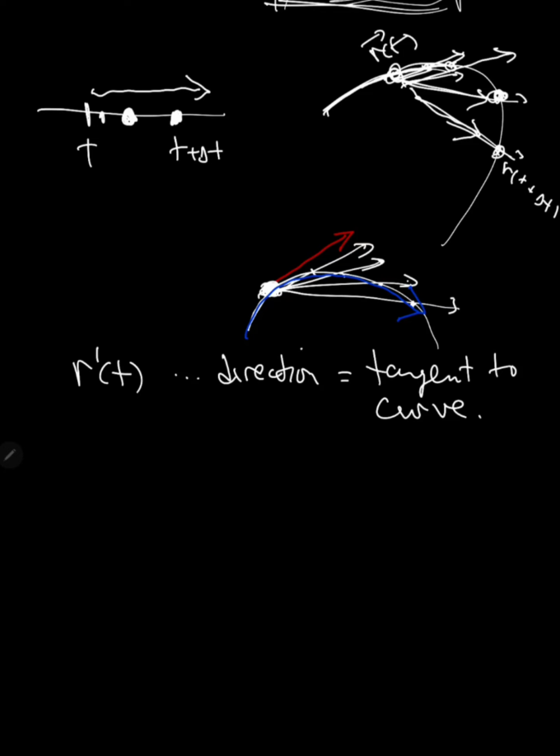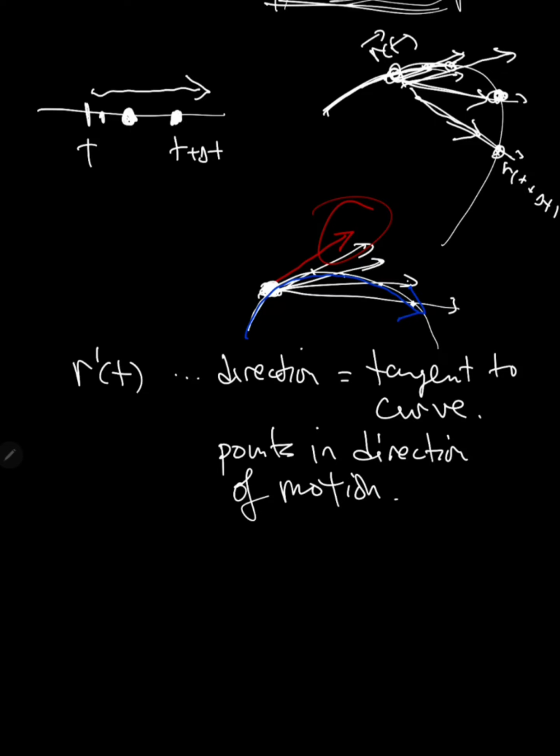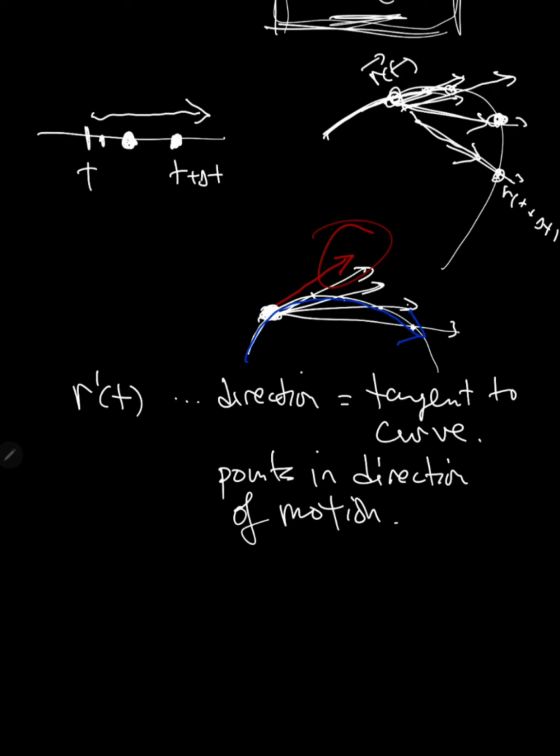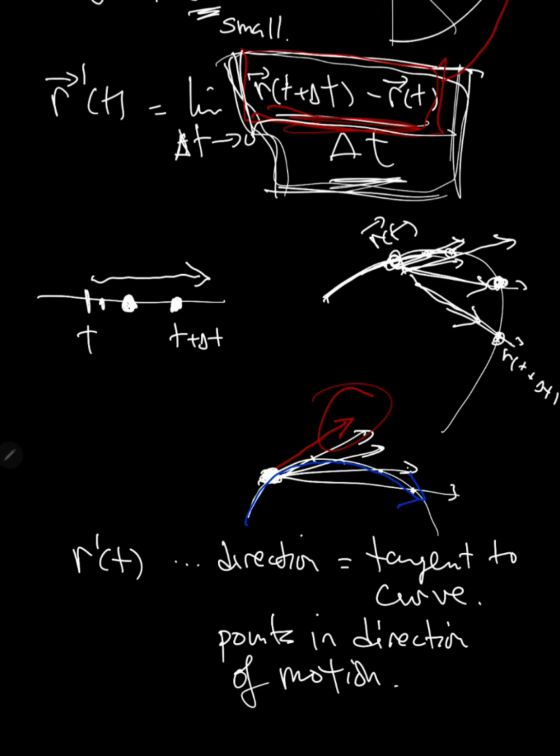And so the arrow right there actually indicates the direction of motion. So it points in the direction of motion. Okay, so that's the idea behind what the difference is up here.